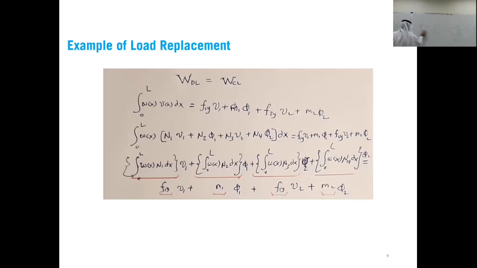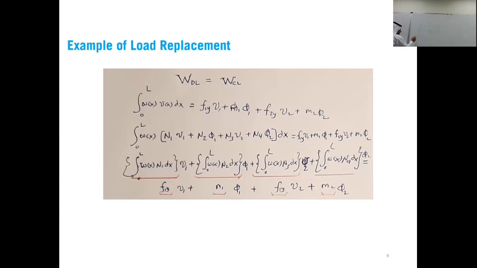Okay, can you tell me the procedure? Cantilever with length L with uniform load W. How do you solve it using this method, with one element? Okay, cantilever, uniform load W, length L. Node 1, node 2, element 1.